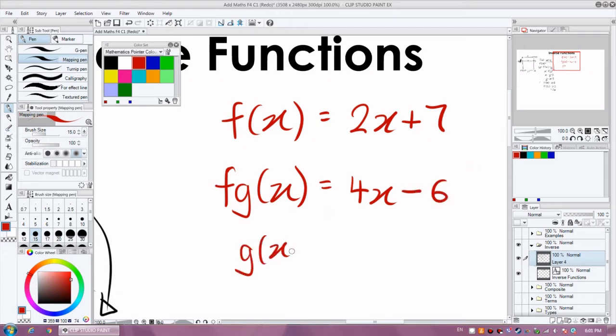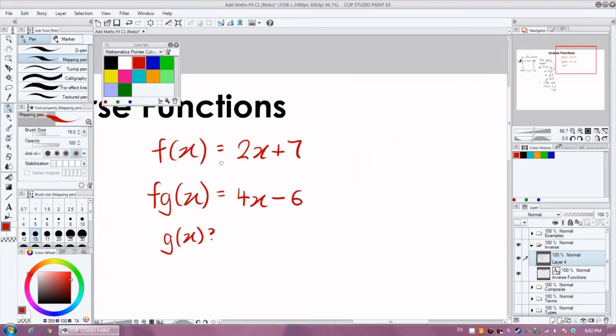Now it wants you to find g(x). Firstly, we need to know what steps to take for this composite function, because it involves g, which is the one we need to find. So in some way we still need to use this while combining with f(x) itself to find g(x).